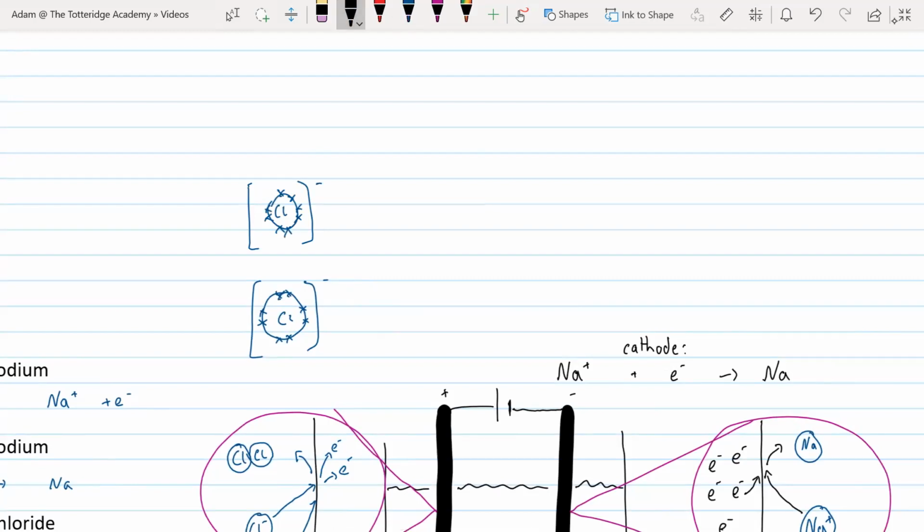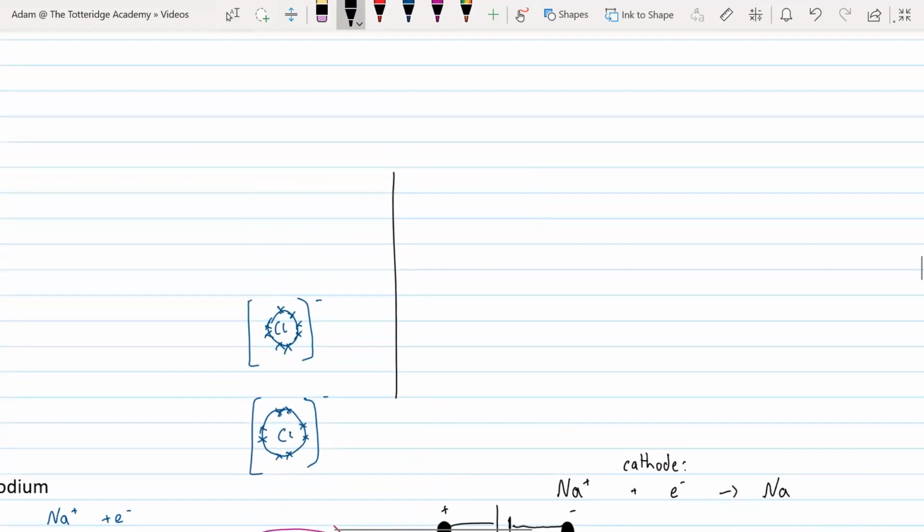Both of those would go to our electrode, and they would come off. Oh, sorry, I've done that wrong. It's not a double bond, sorry. And they'd come off looking like this.